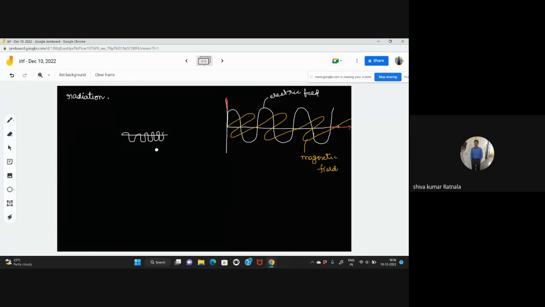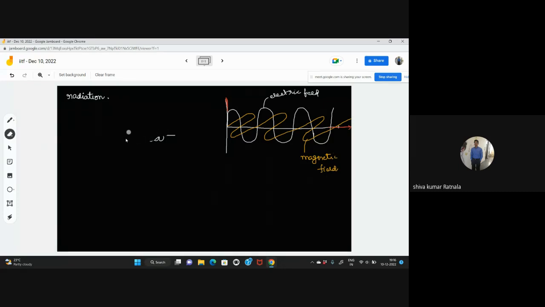These two are perpendicular, right? This is the direction, this is the wave I'm writing. Now what will happen? Perpendicular like this, towards yourself or towards myself.